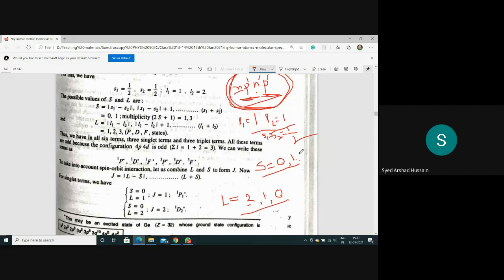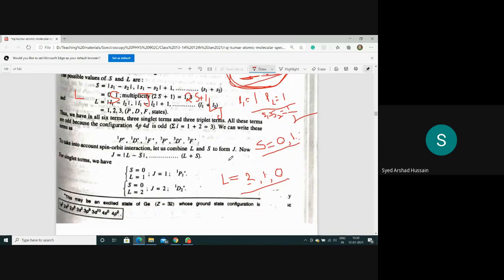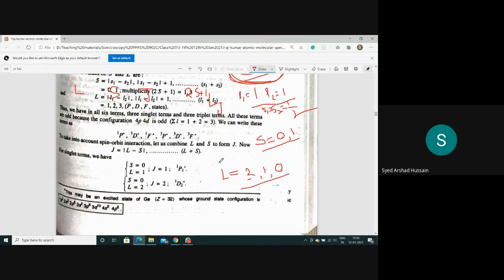Okay, so let us make a table like this: L, then S, then J, then the term, which is twice S plus 1, L, J. Okay. Done?